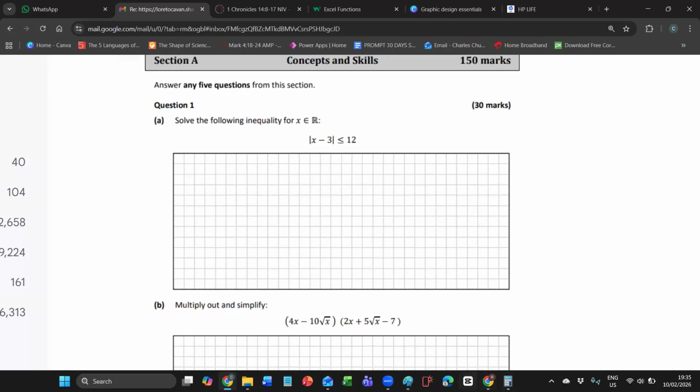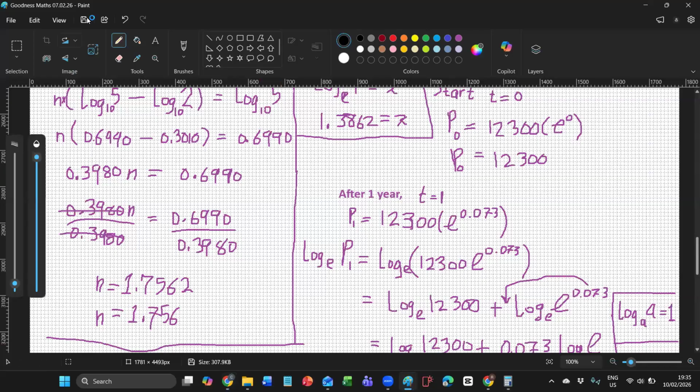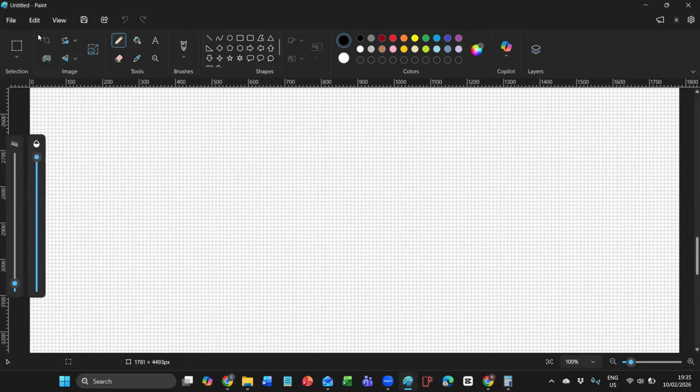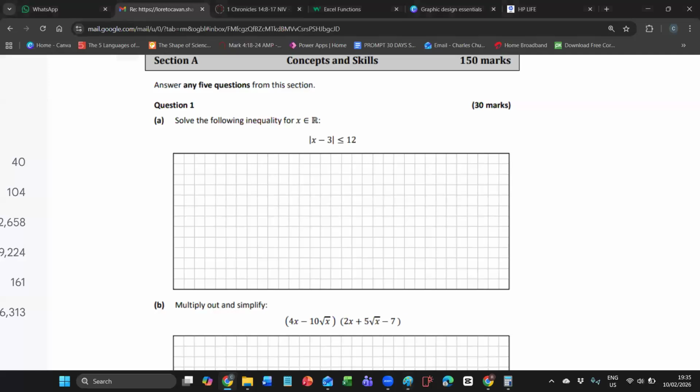Okay, so this particular question that looks this way, let me see, inequalities. Okay, so let me look at the question again.